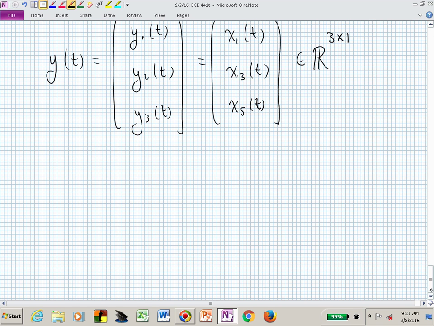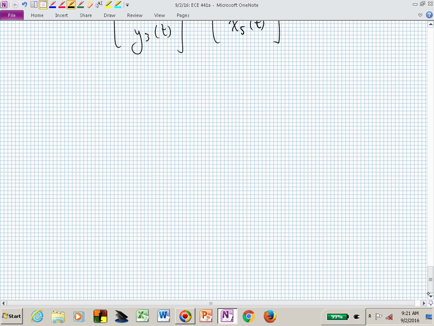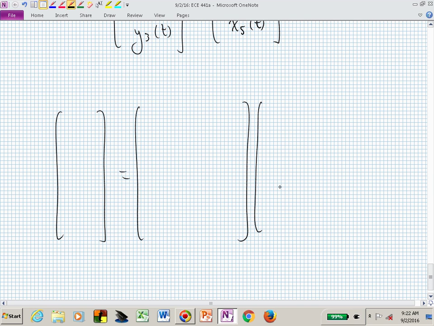Now that we have all of those vectors defined in terms of their sizes, x is 7 by 1, u is 2 by 1, and y is 3 by 1, we can start to build our state space representation.